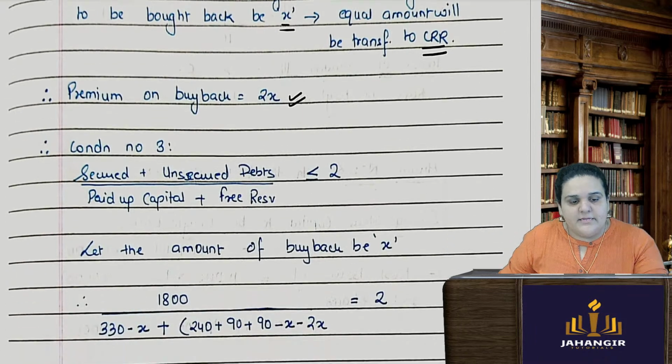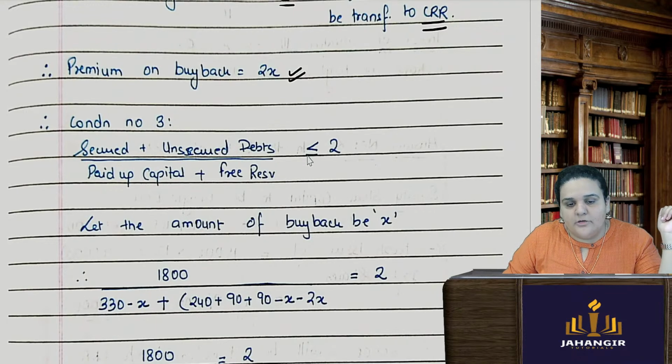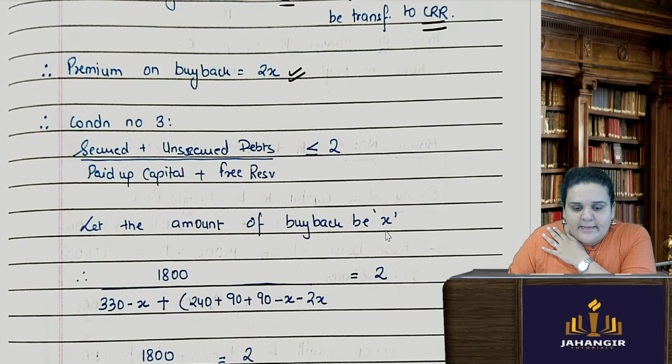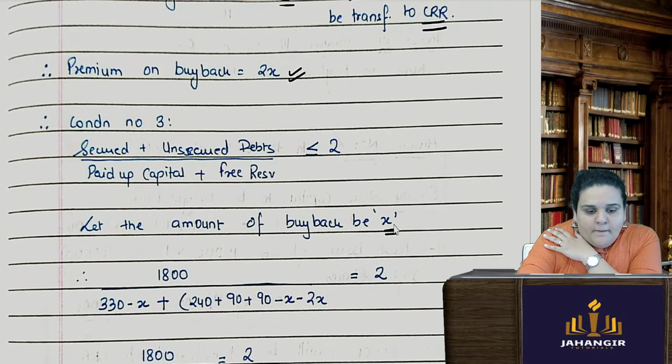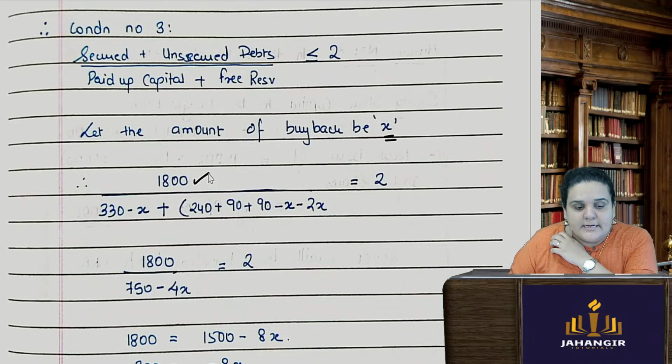Now condition number 3: secured plus unsecured debt upon paid up capital plus free reserves should be less than or equal to 2. It should not exceed 2. Now let the amount of buyback be X. Secured plus unsecured debt in the first condition is 1800.